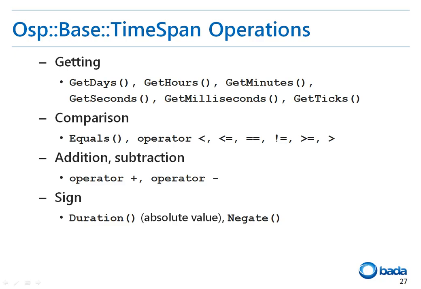First, functions to represent a time span in days, hours, minutes, and seconds are provided. Functions and operators to compare two time span values are also provided. And of course, you can add or subtract time span values. Additionally, duration, functions to get absolute values from a time span value, and the negate function to negate a time span value are provided.